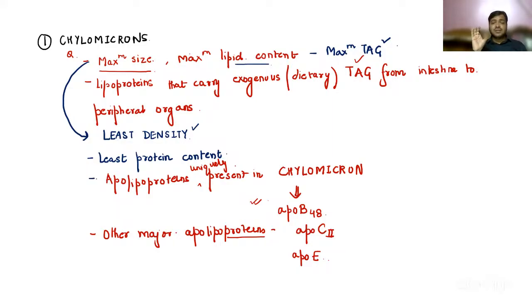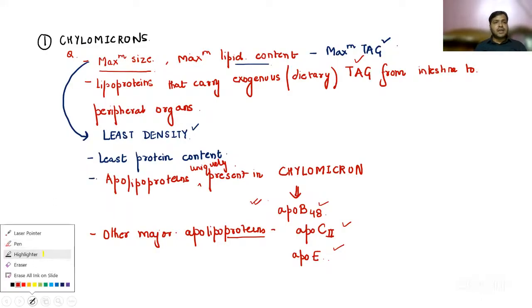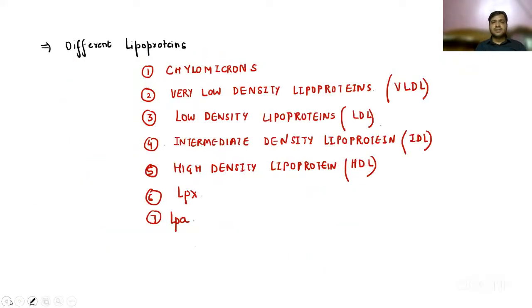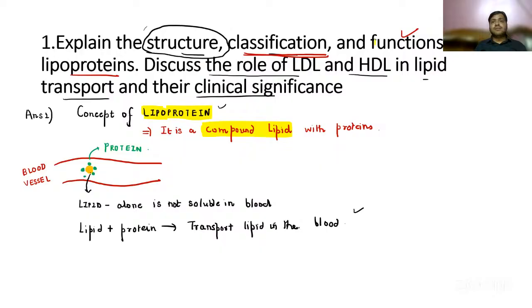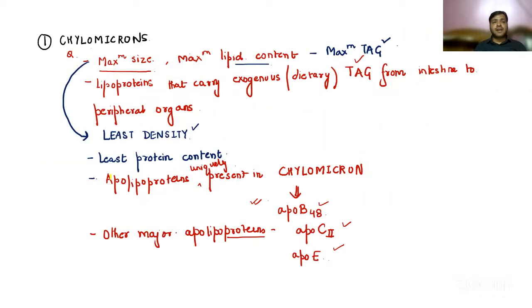That protein is ApoC2, ApoE, or ApoB48. The takeaway point regarding the function of chylomicron is that it carries the exogenous dietary triacylglycerol from the intestine to the peripheral organs.